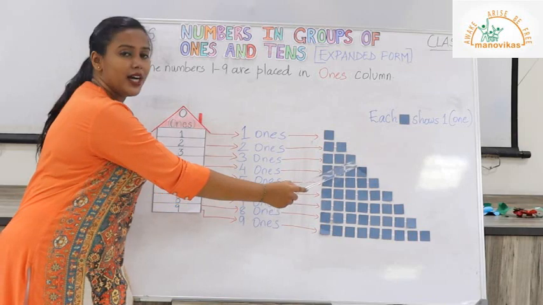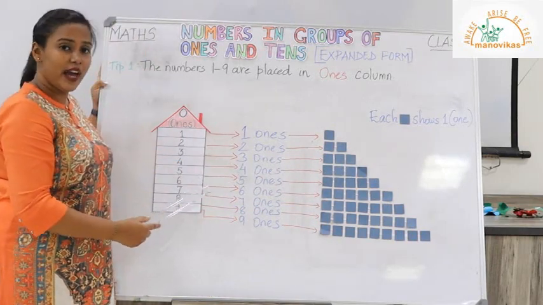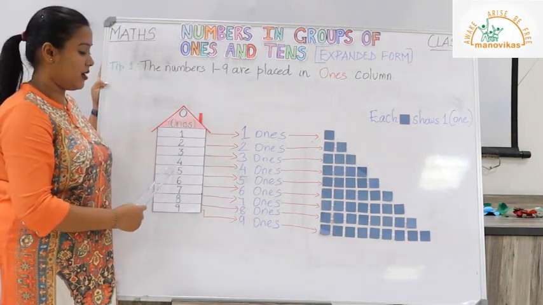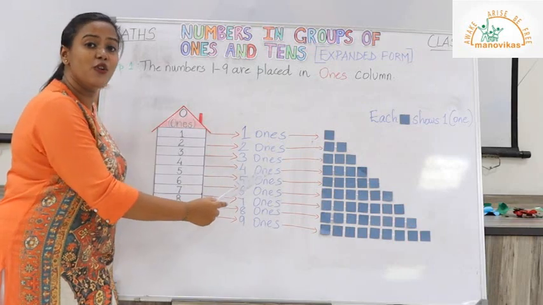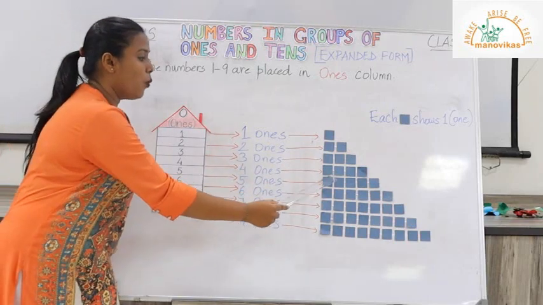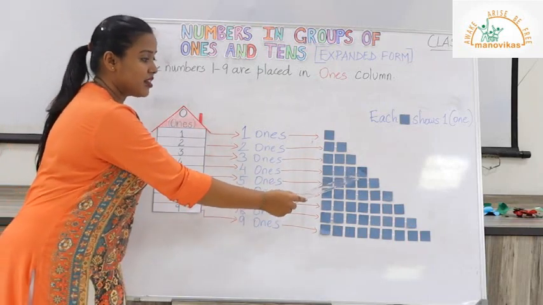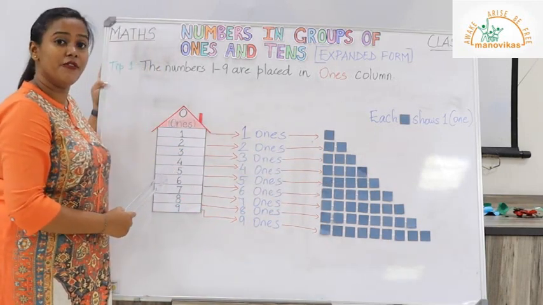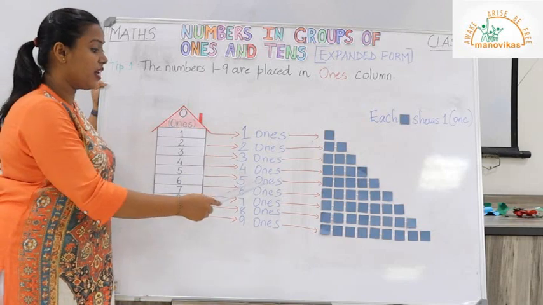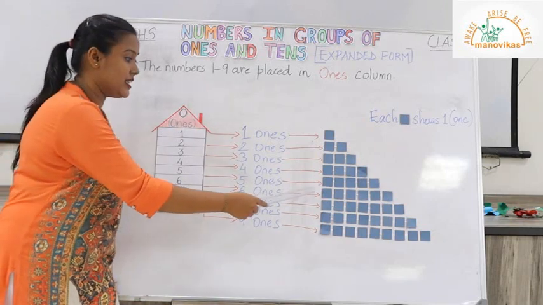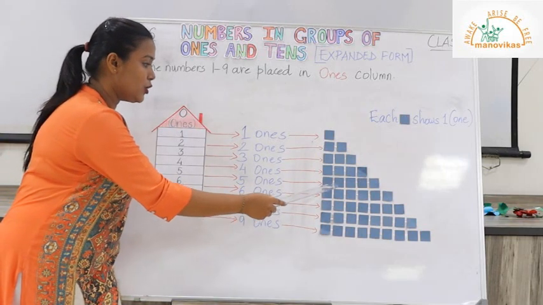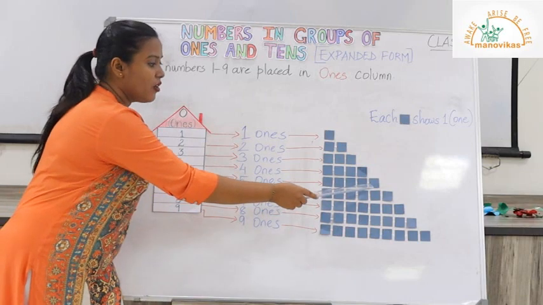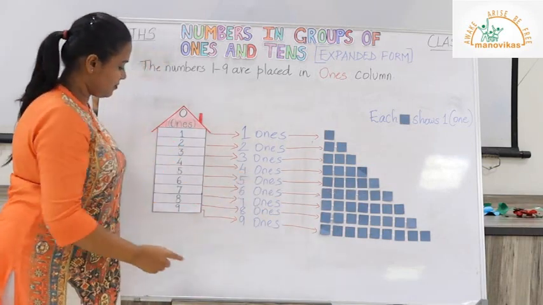1, 2, 3. Next we have number 4. 4 will give us 4 ones. 1, 2, 3 and 4. Next we have number 5. Number 5 will give us 5 ones. As you can see, 1, 2, 3, 4 and 5.